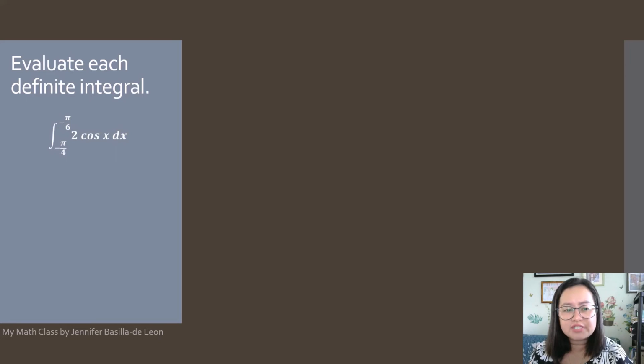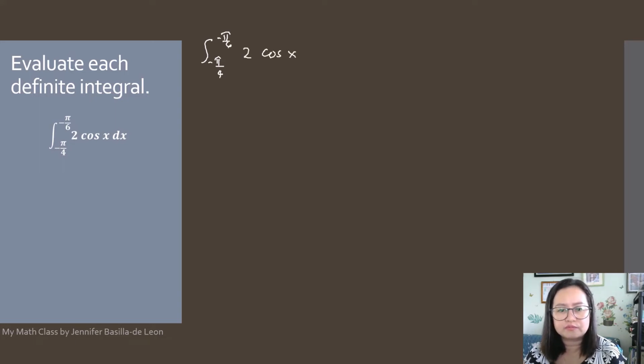This time, let's have a trigonometric function. We shall apply the same strategy. We have to get the antiderivative of the given function. So first, we can rewrite to have a much clearer view of the given function.